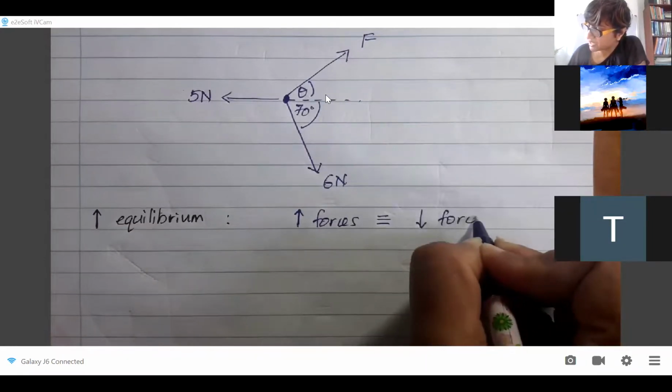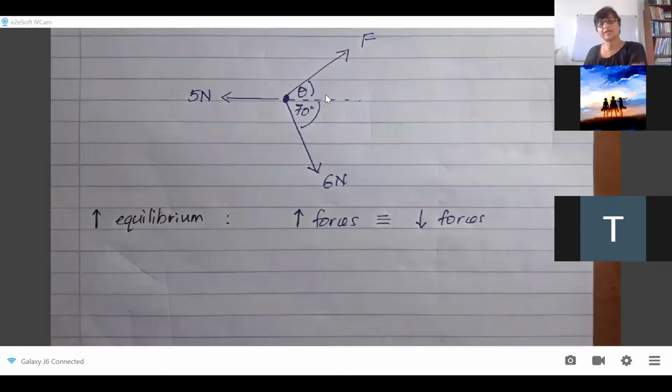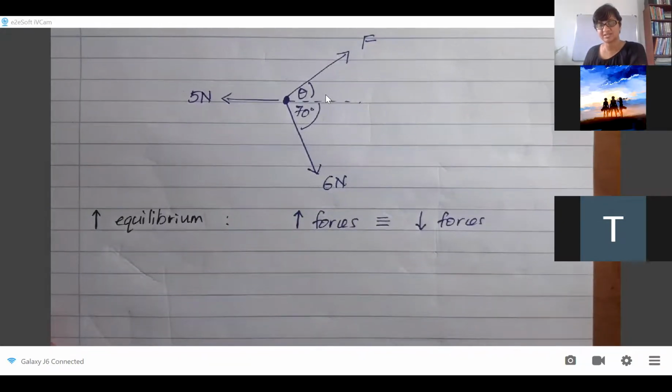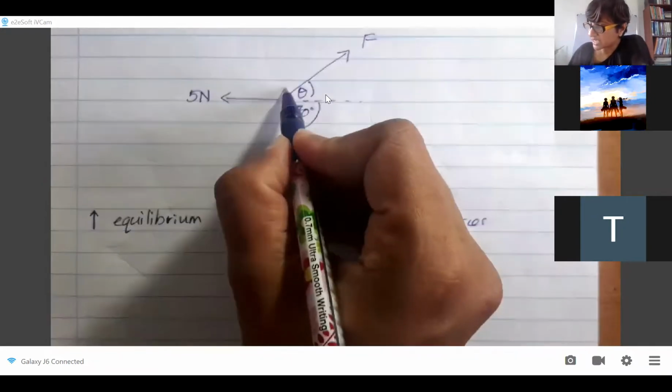In physics, you might be doing this as you add all the forces in a certain direction with plus and minus depending on whether they are acting in the same direction or opposite direction and equal to 0. It's the same thing. So what are the upward forces acting here?